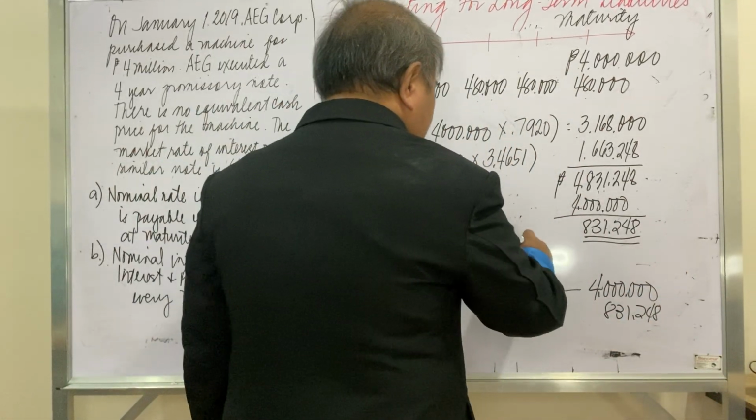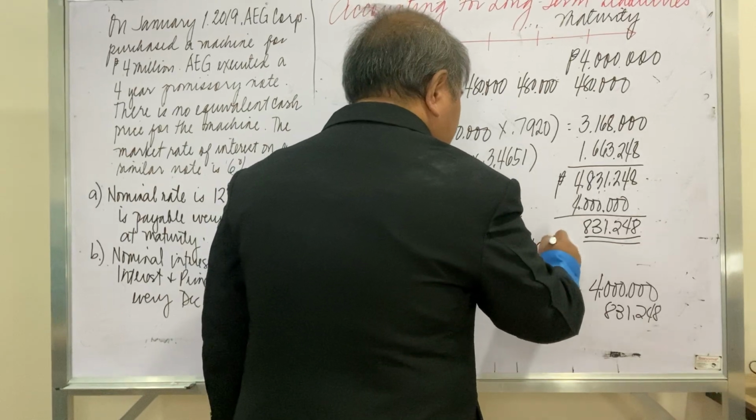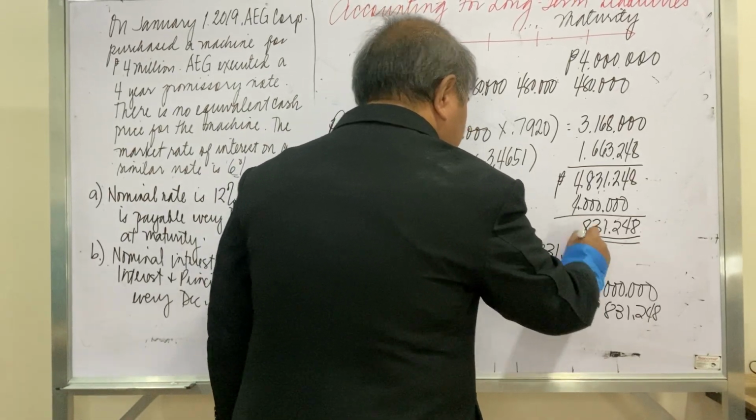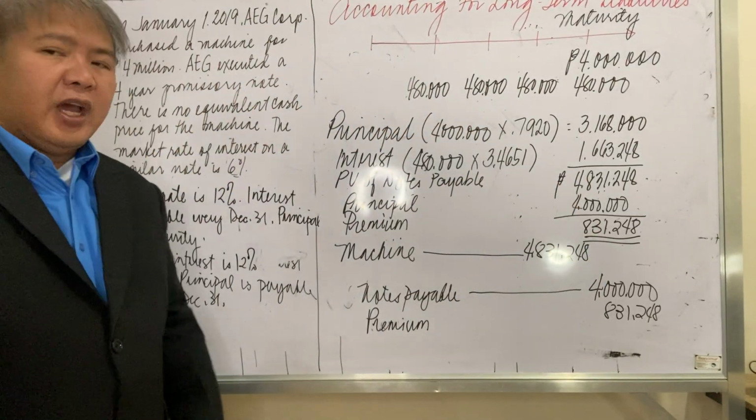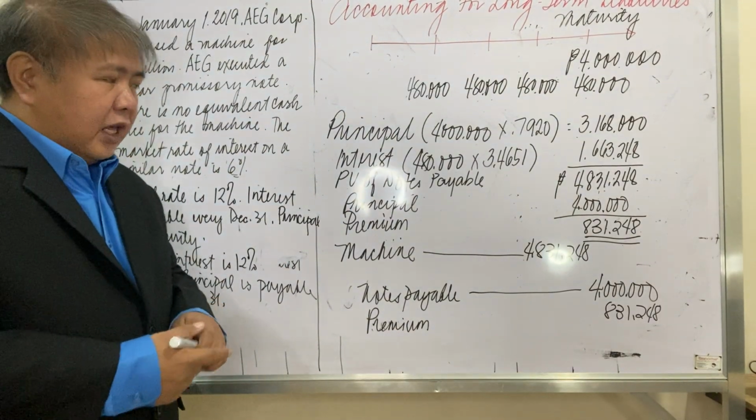So the debit to machine is 4,831,248. That will be the entry at acquisition date.